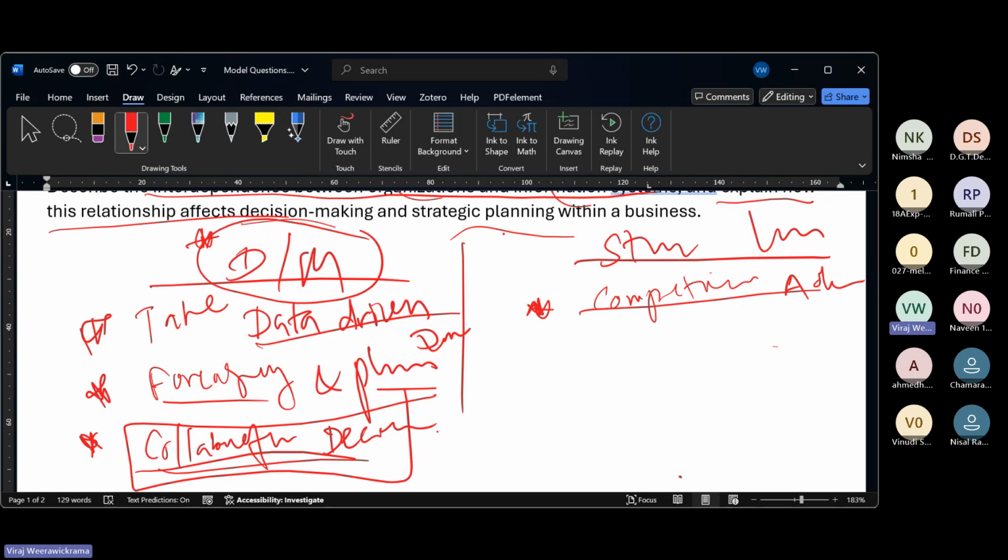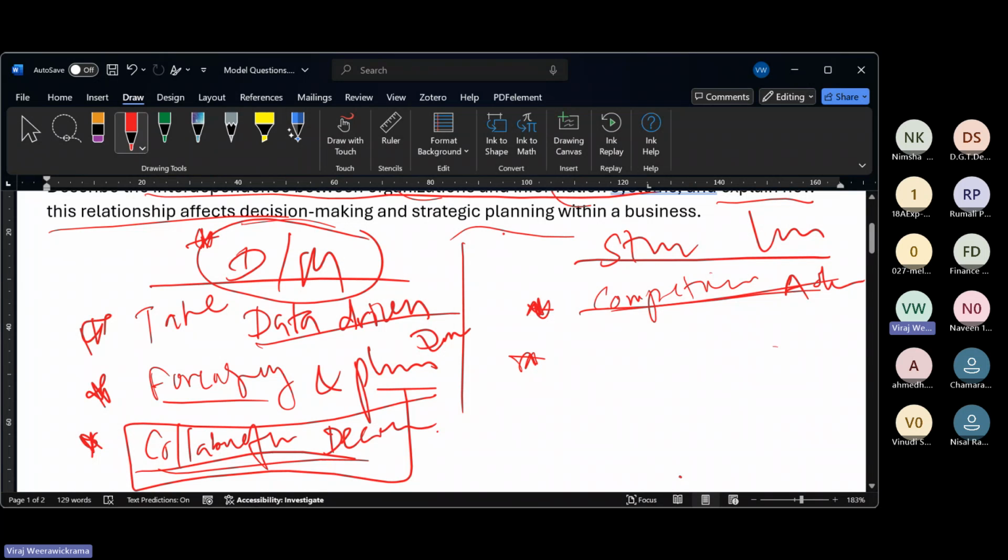Now, when you have a proper information system compared to your rivals, you can take that advantage, right? If you have something more than your rivals, more than your competitors, we call it competitive advantage. Because as a company, we have competitors. Simply I'm explaining this, right? If you have something more than your competitors or rivals, that is competitive advantage, right?